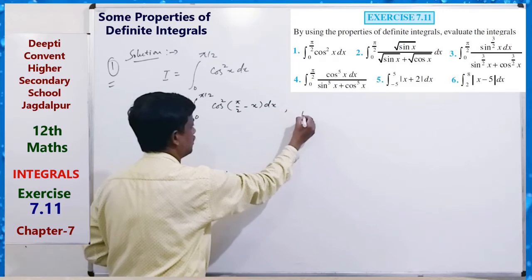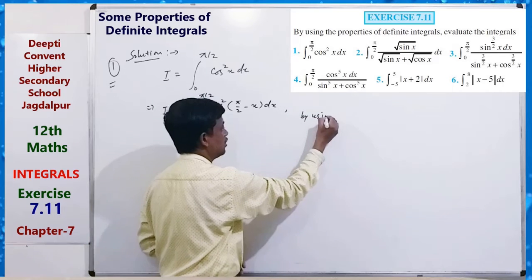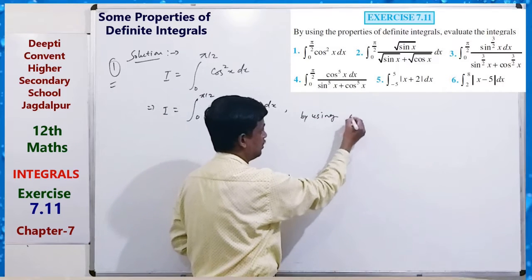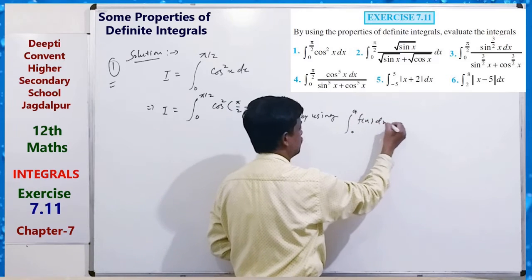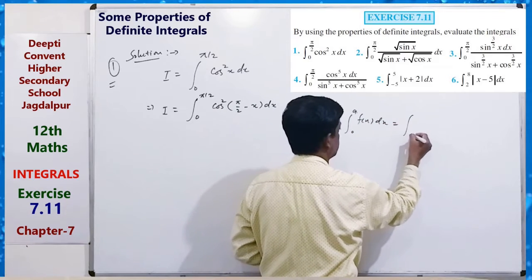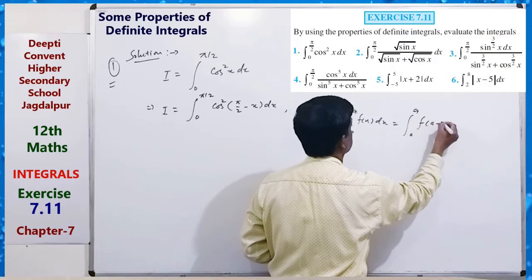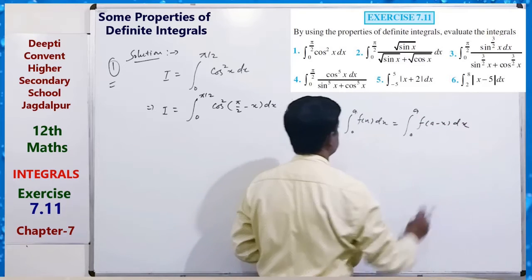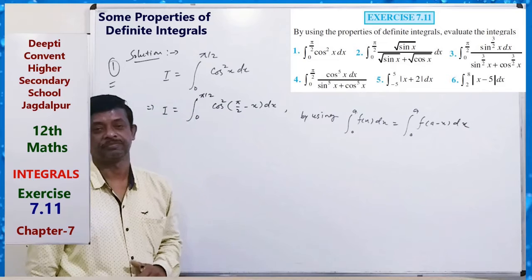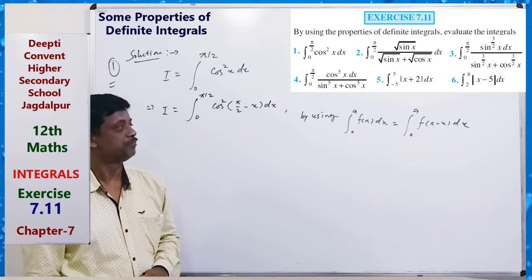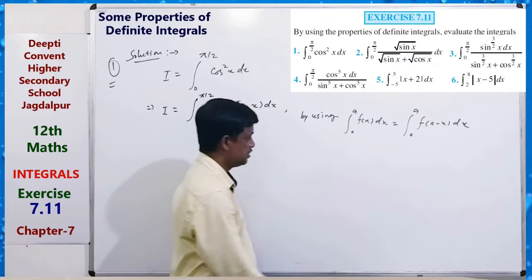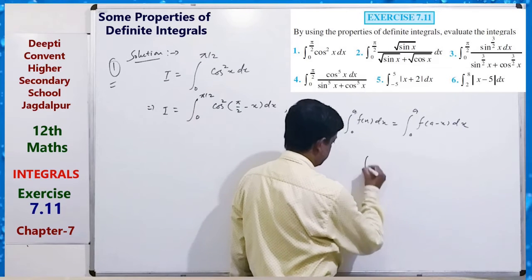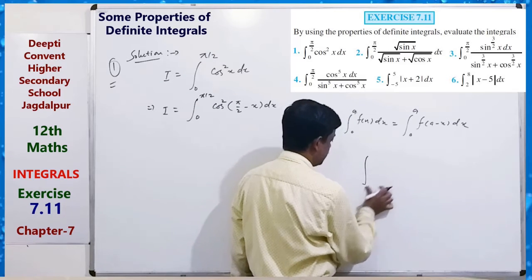We write using the formula: the integral from 0 to a of f(x) dx equals the integral from 0 to a of f(a minus x) dx. Important formula. Clear? This is property 4.